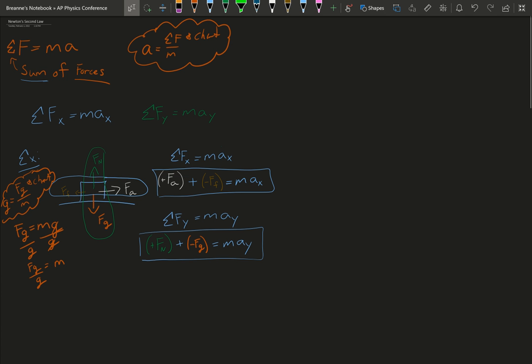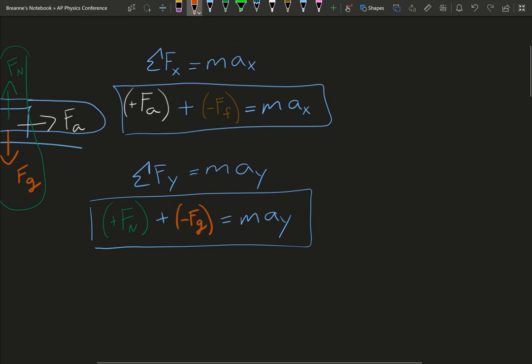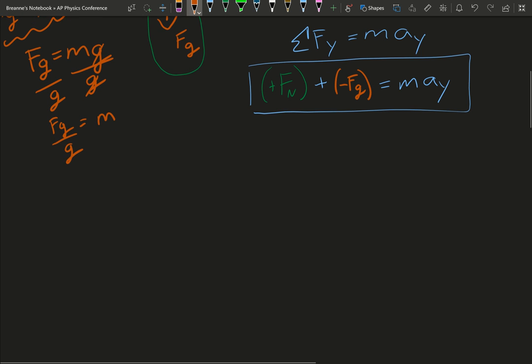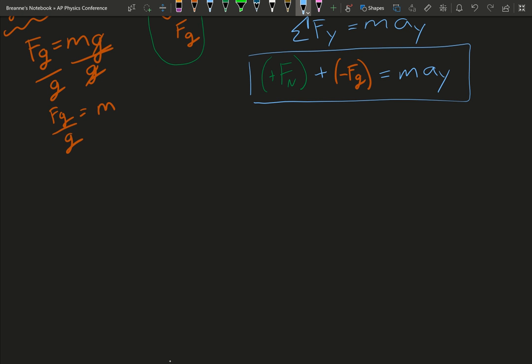Now, a few things. Again, your forces in the x can't interact with your forces in the y. So let's say we have an example like this. You're going to pull a box.